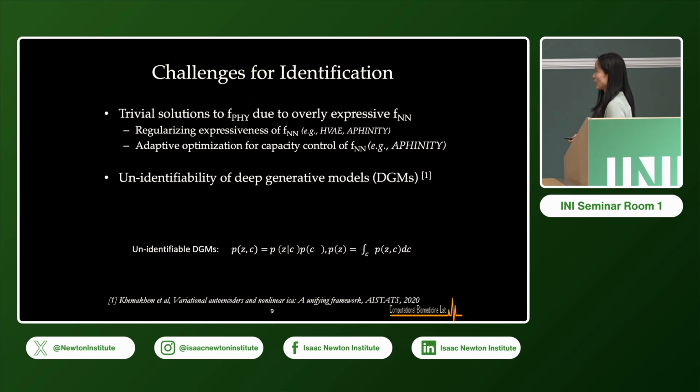So the unidentifiability of generative models is already established. If you're interested, you can check the paper for the theoretical proof. But the idea is simple. You can find transformations that can change the value of your Z. For instance, imagine you have such transformations in your encoder that change the value of your latent variable without changing its distribution.